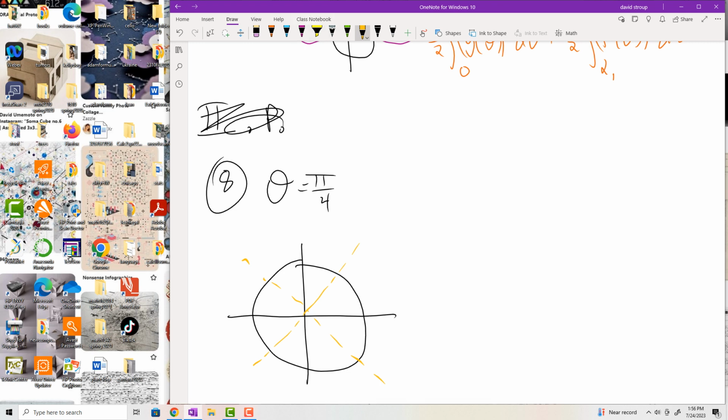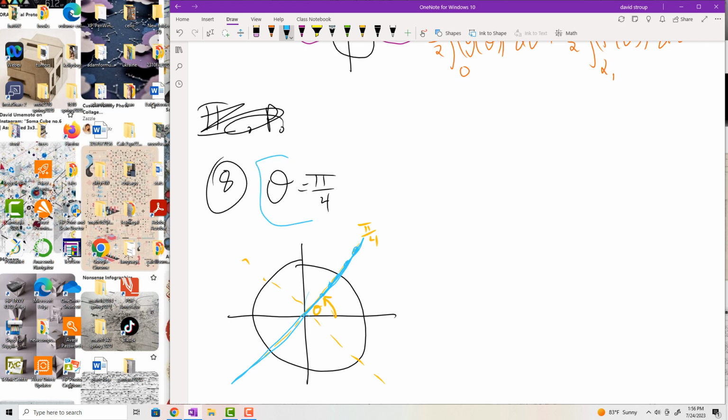You're fixing theta to be pi over 4, right? So that's right here, pi over 4. And then you're letting the r value vary. So the r could be 1, it could be a half, it could be 3/4, it could be 1.5, it could be anything on that line. It could be -1, -0.5. So what you end up with is a straight line through the origin, like this diagonal line. Okay, so that's our first curve.